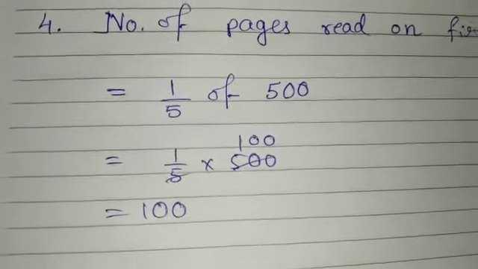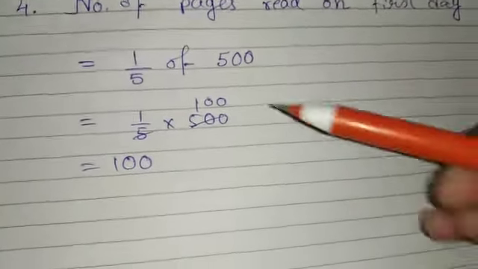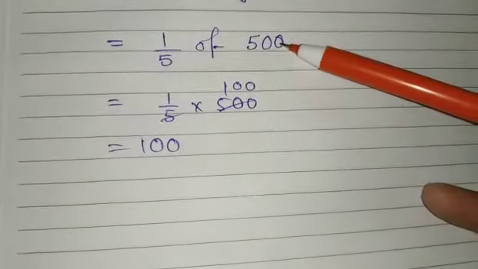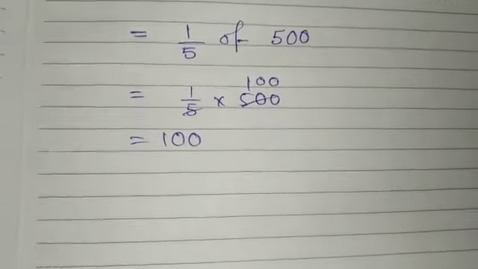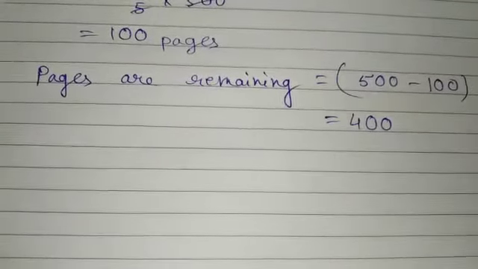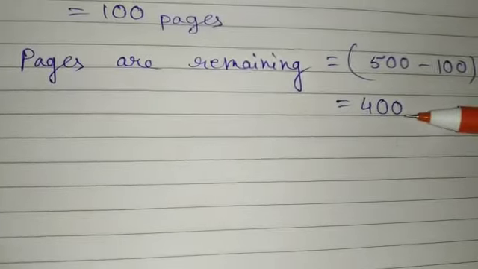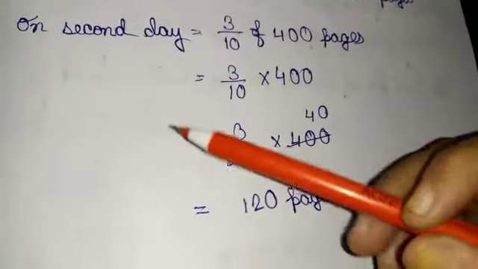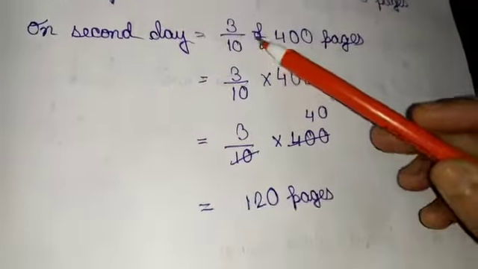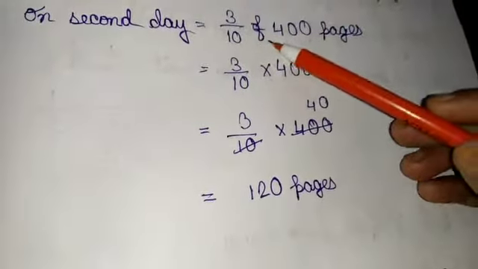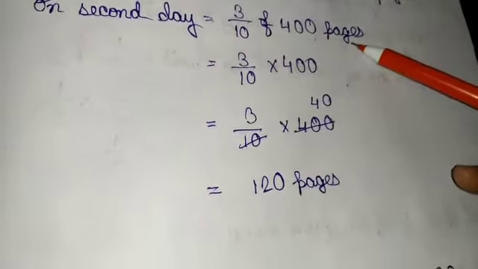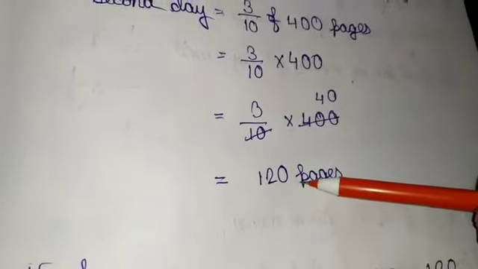So number of pages read on the first day is 1 by 5 of 500. It means 100 pages. Then what will be the remaining pages? It is 400. So on the second day he read 3 by 10 of 400 pages. It will be 120 pages.